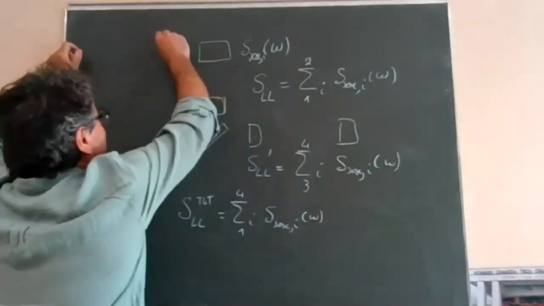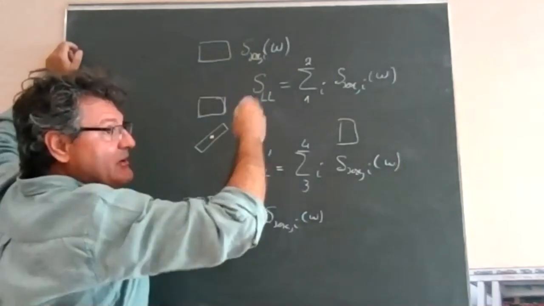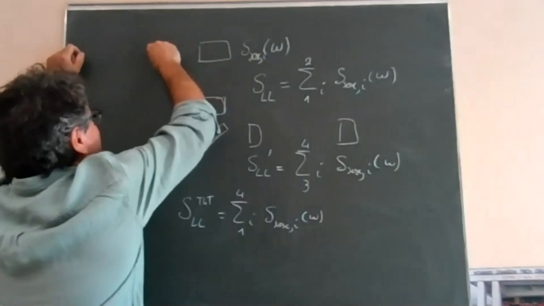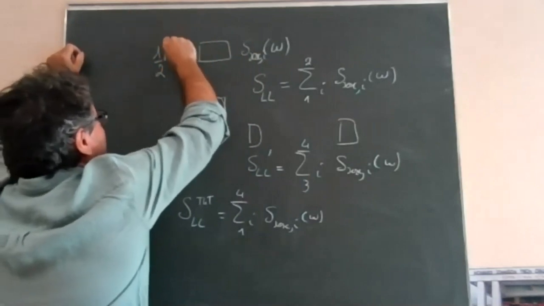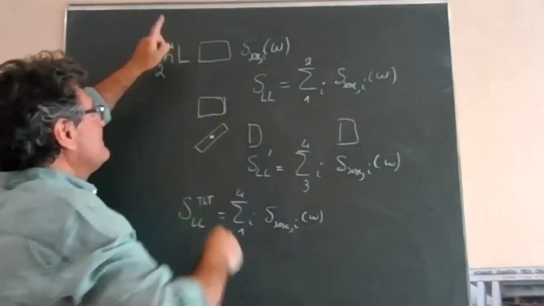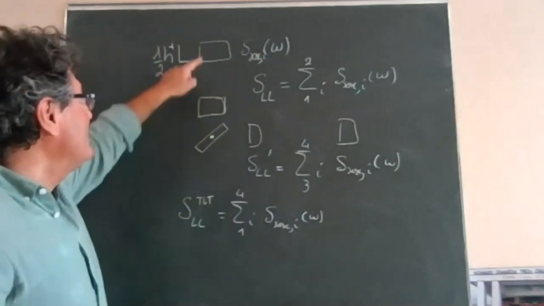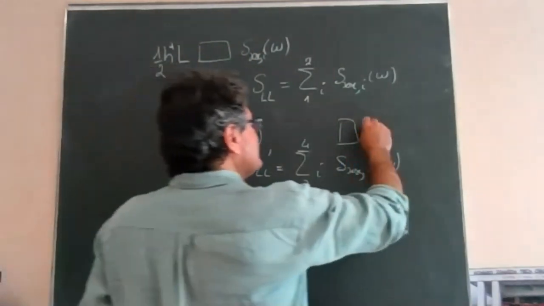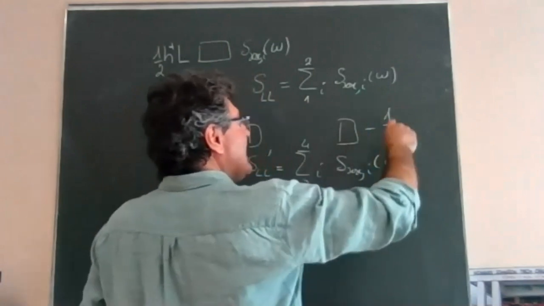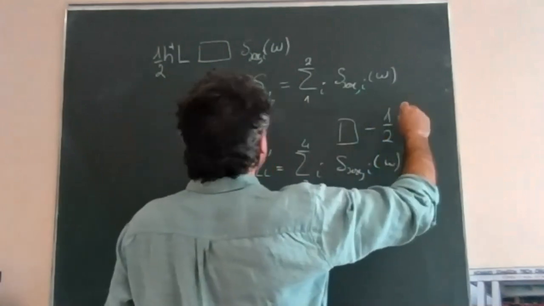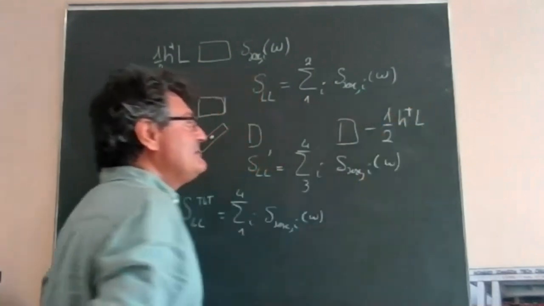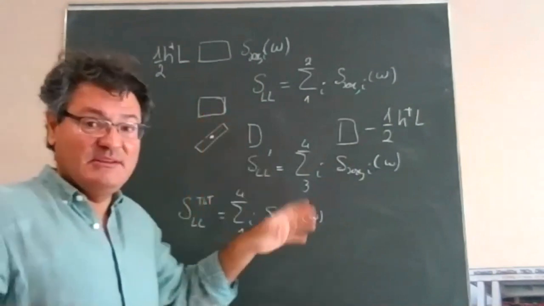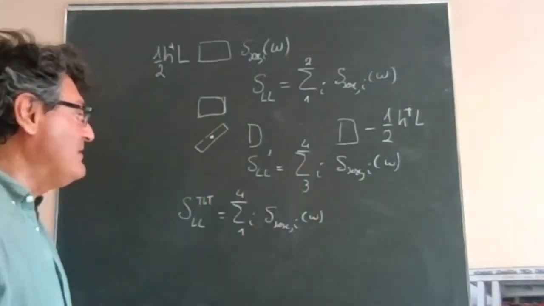For example, in the plus polarization, the length of this cavity, the distance of this mirror with respect to the beam splitter, changes by half h plus times L. And here it changes by the opposite, minus half h plus times L. So the interferometer will read the differential change of the arm length.